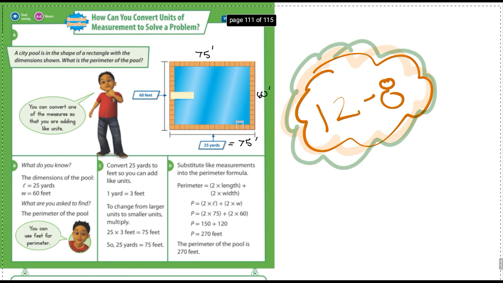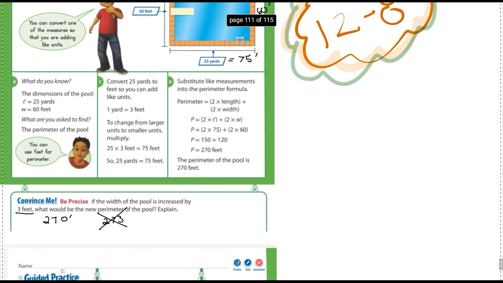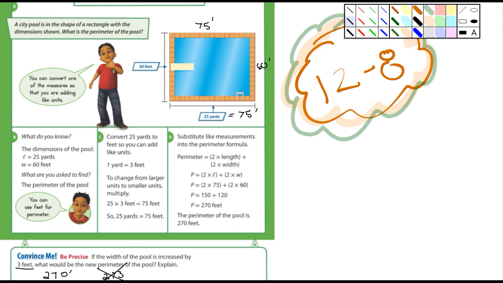Let's look at the picture again here. The width of the pool is increased by 3 feet. So what are they calling the width? Are they calling that the 60? Yes. So the width is 60 feet. So that means this direction here goes up 3 feet, but it also goes up 3 feet here on both sides.